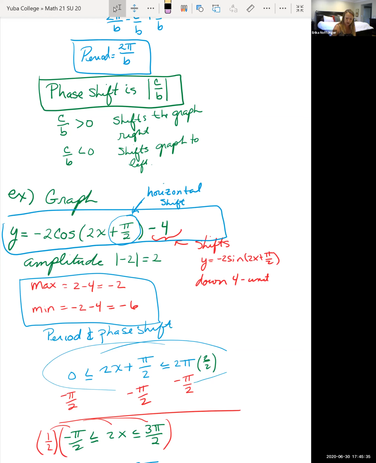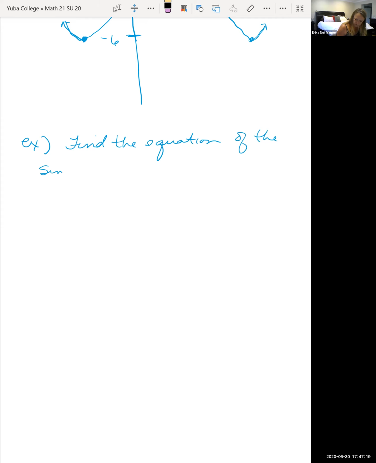Find the equation of the sine function that has an amplitude of 2, a period of pi, and a phase shift of -2.